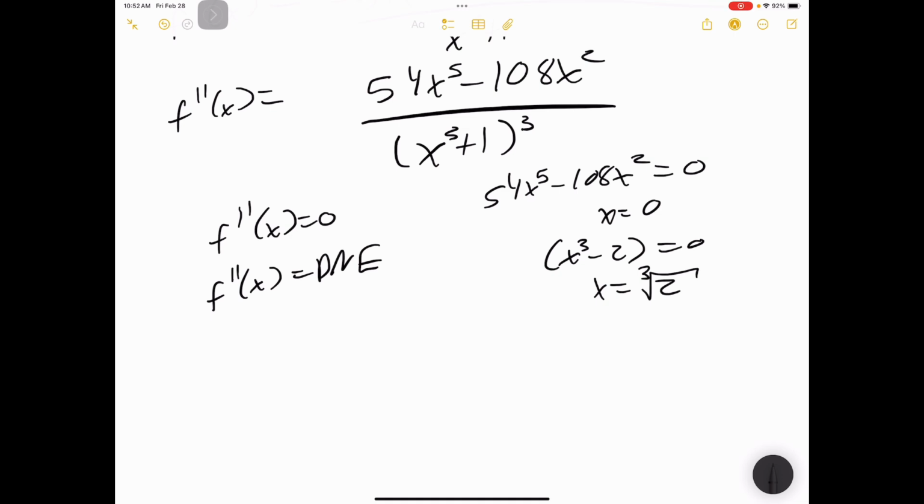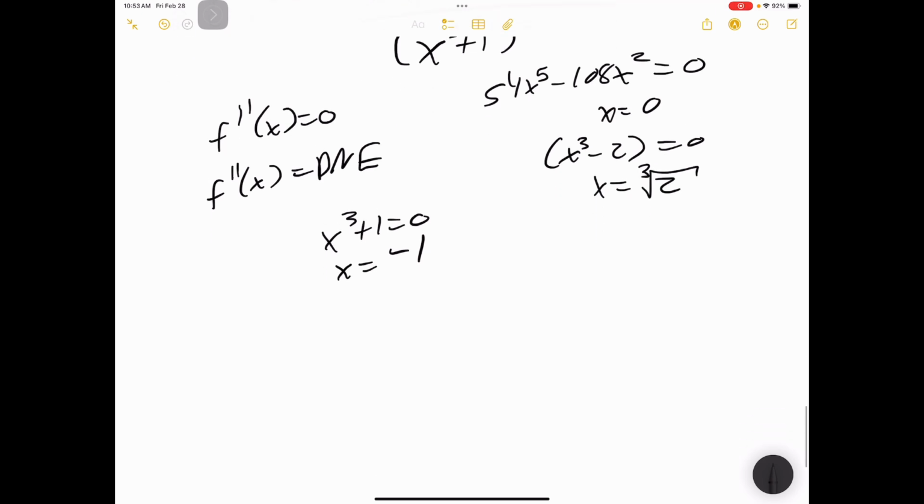And then we also need when f double prime does not exist, which is once again that same point, when x cubed plus 1 equals 0, or when x is equal to negative 1. And so now we're going to do another sign chart.